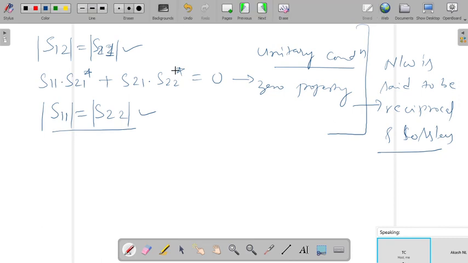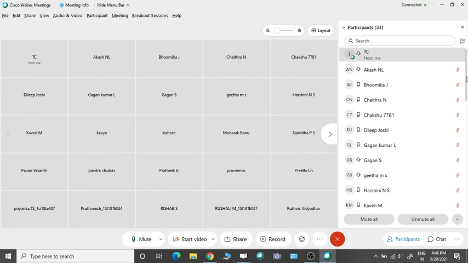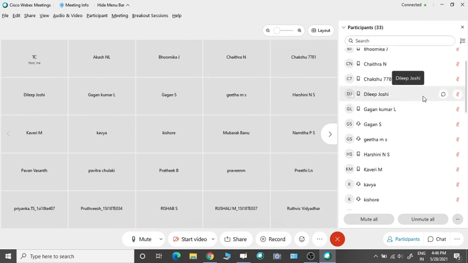If you have any doubt, you can ask. Anybody, any doubt? Understood? Dilip, understood? Any doubt? Dilip Joshi?